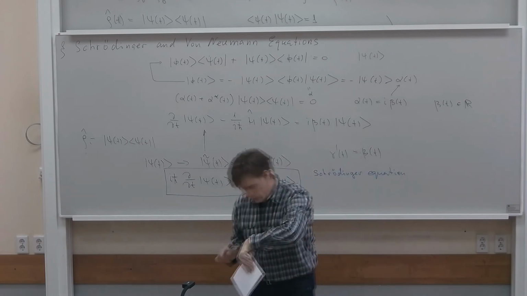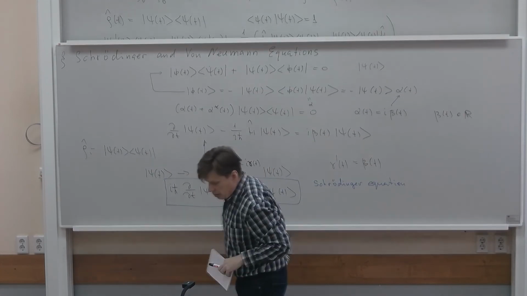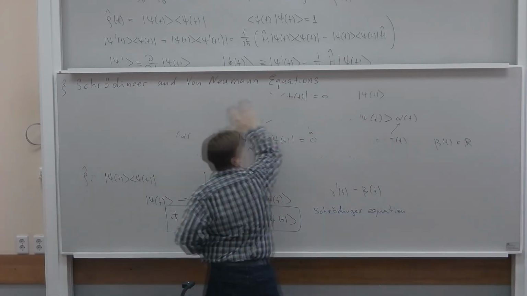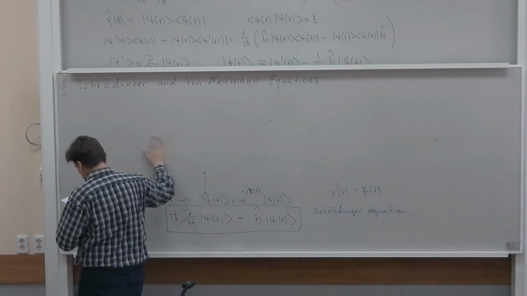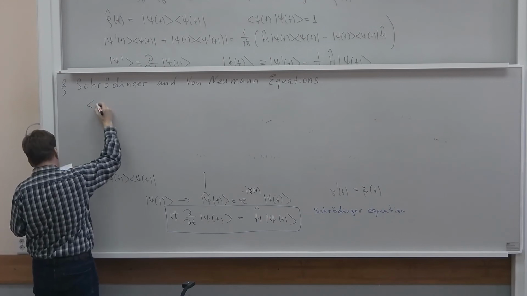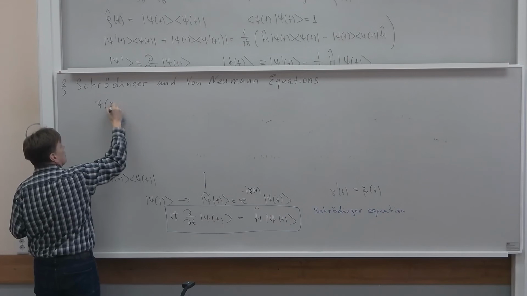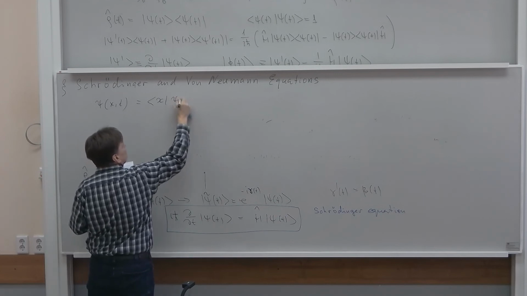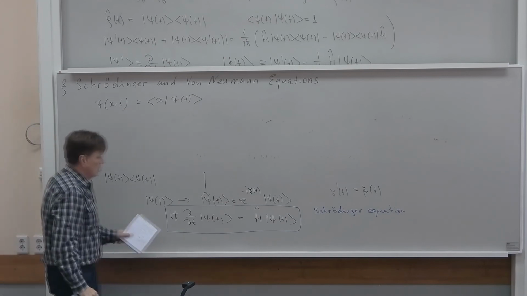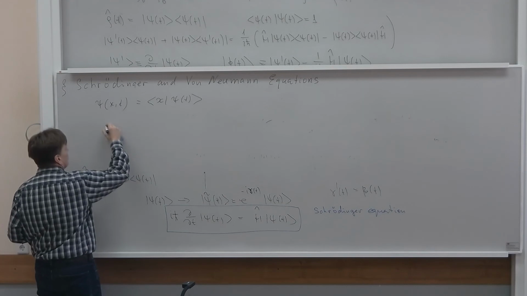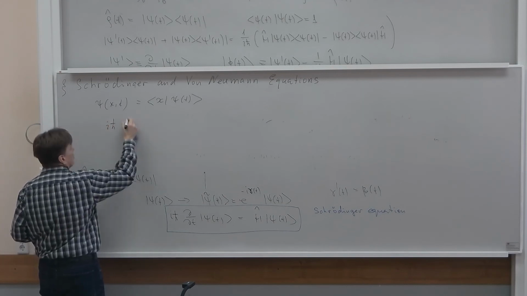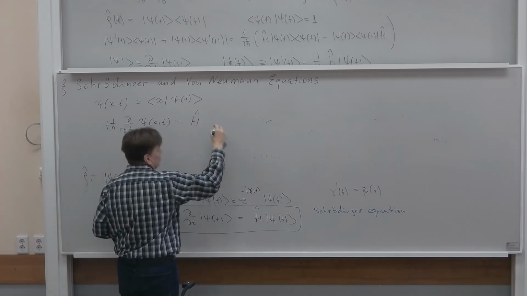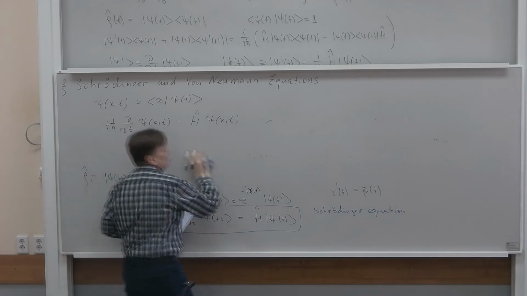For example, in the x representation, instead of the ket vector, we get some wave function of x and t, so that our Schrodinger equation assumes the form i h bar d by dt psi of x, t is equal to H psi of x, t.